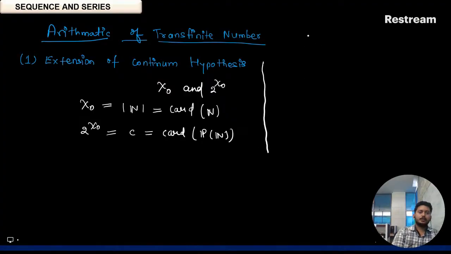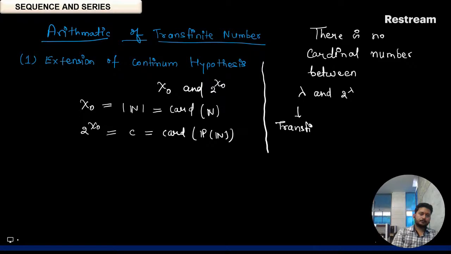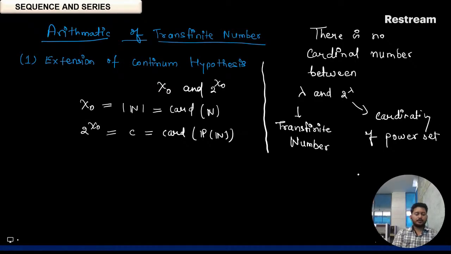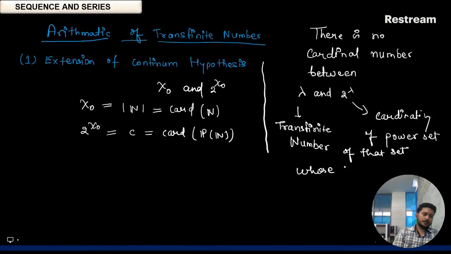The second thing I am saying is that there is no cardinal number between lambda and 2 to the power lambda, where lambda is your transfinite number, and 2 to the power lambda is the cardinality of the power set of that set whose cardinality is lambda.